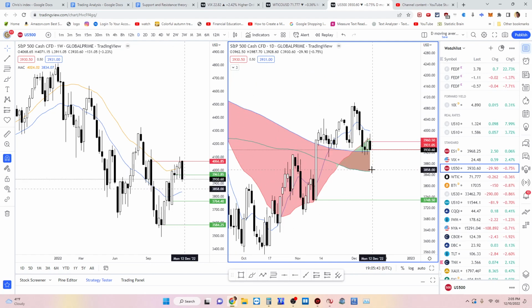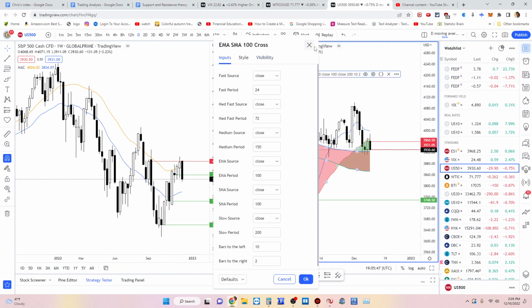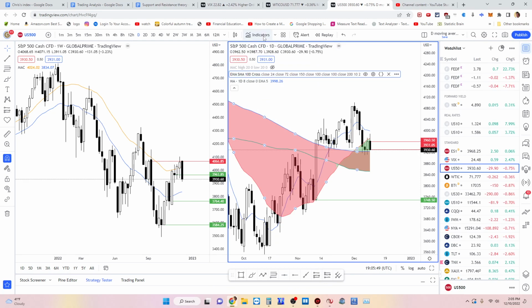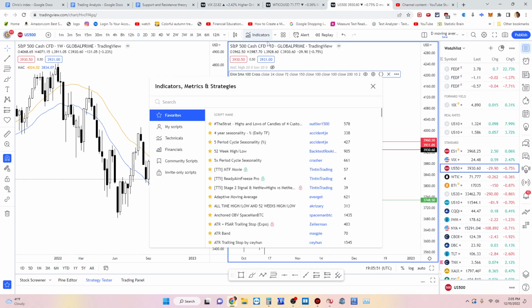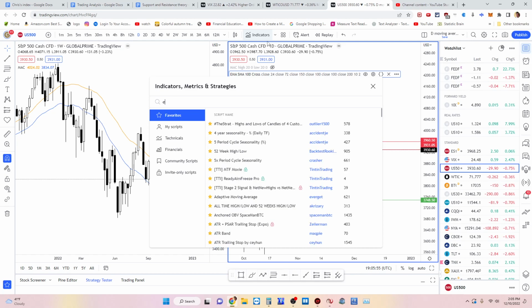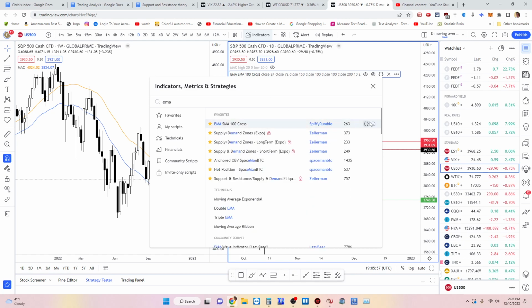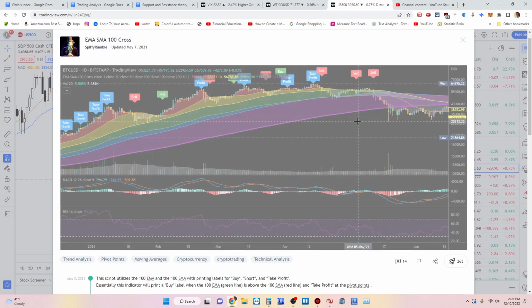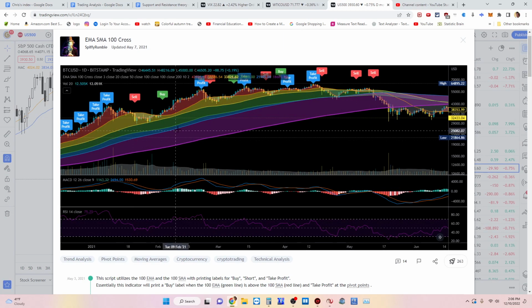And I like to have these bands colored, and specifically the indicators I use for this. This one is, yeah, there it is. Spiffy Rumble. I think this is the one. EMA SMA 100 cross.